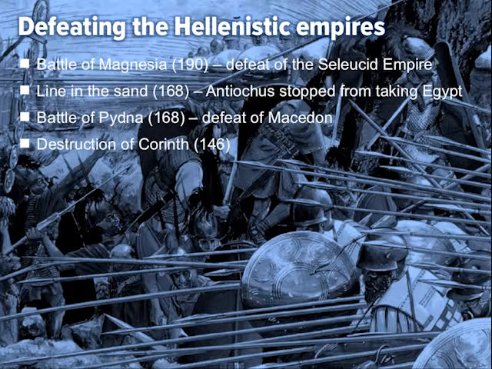And this comes to a turning point in 146 when Rome destroys the ancient city of Corinth, for the Achaean League having resisted Roman rights that had been negotiated through treaty in Greece itself.